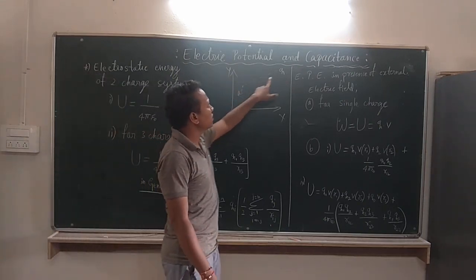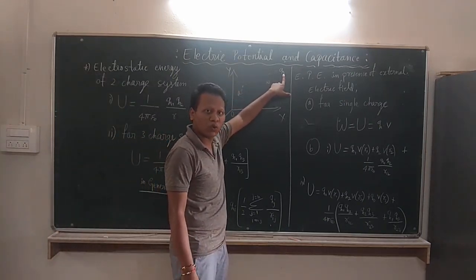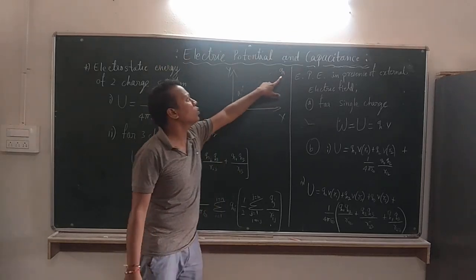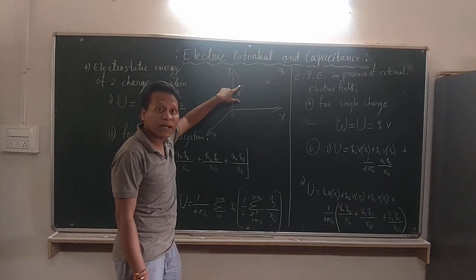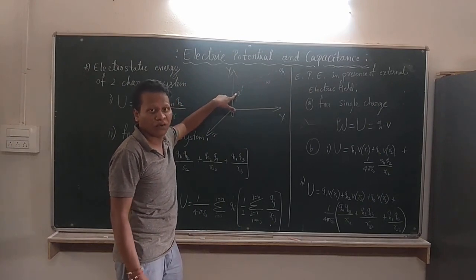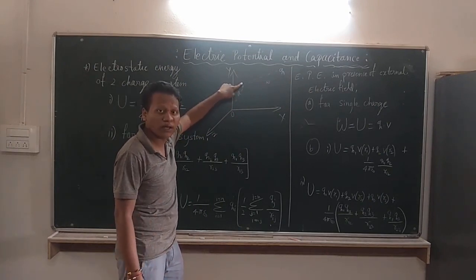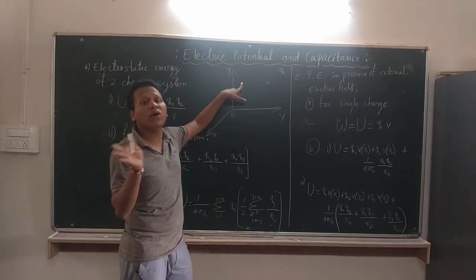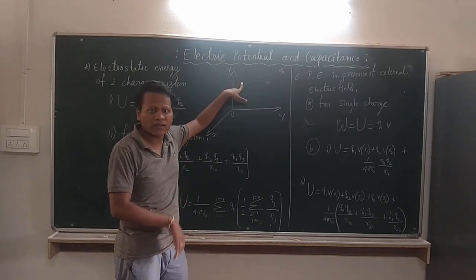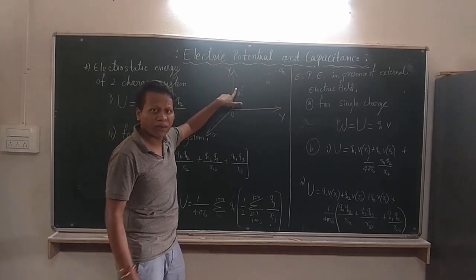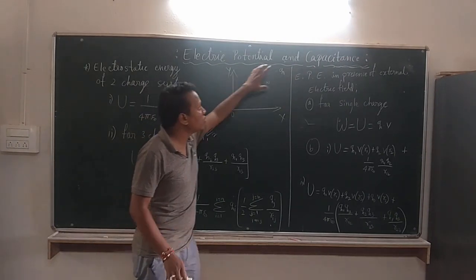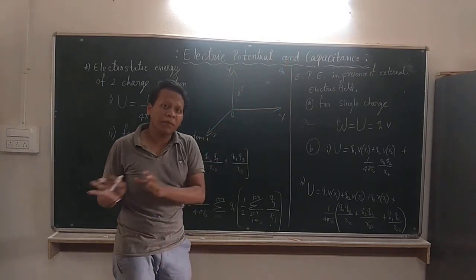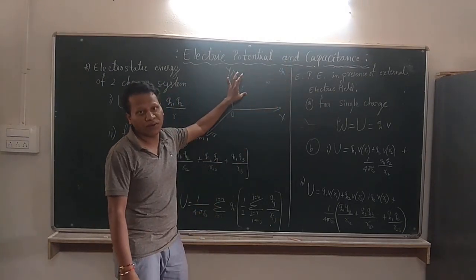If I want to bring this charge Q to my reference point A, where I clearly know the exact space coordinates, the Cartesian coordinates, I know this point very well, but I do not know where exactly the charge is situated and how one can bring it to my reference point.